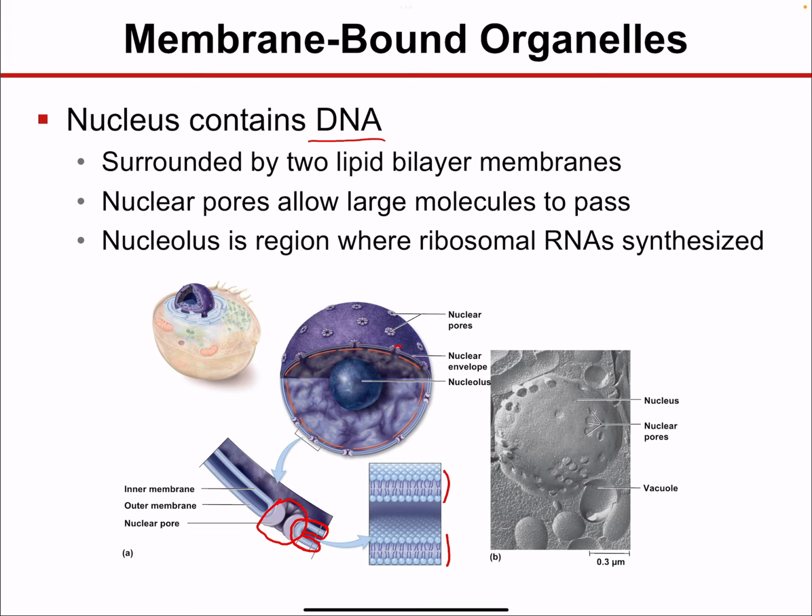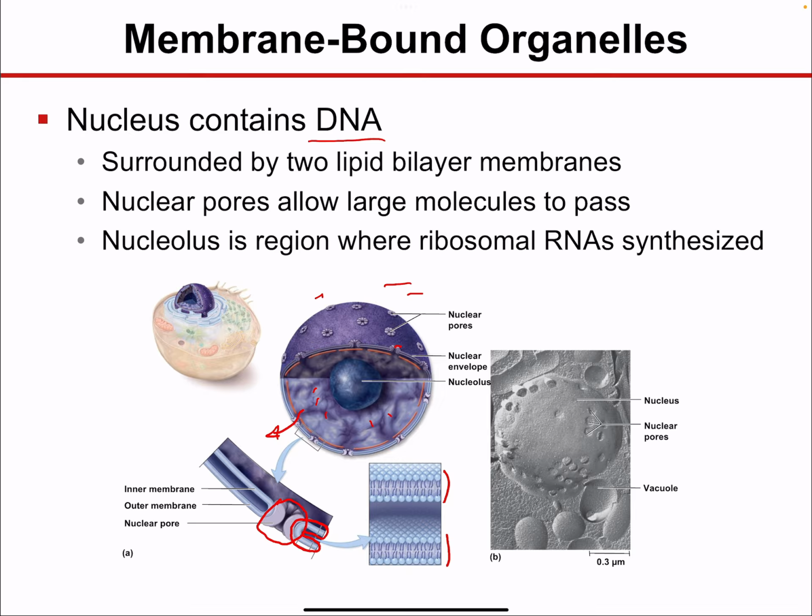Okay? And this is very important because you have a constant exchange of material between the cytoplasm right out here and the inside of the nucleus. For instance, DNA is in here, but RNA has to go outside.